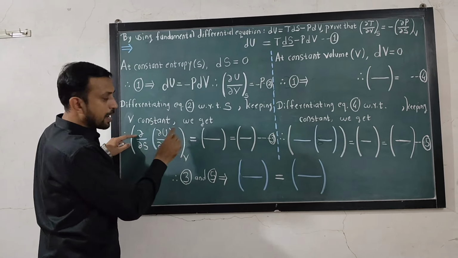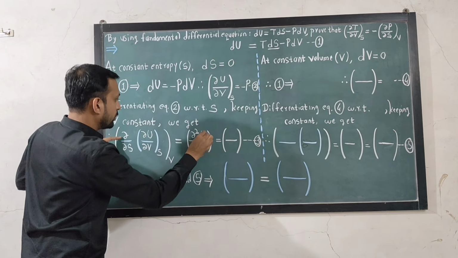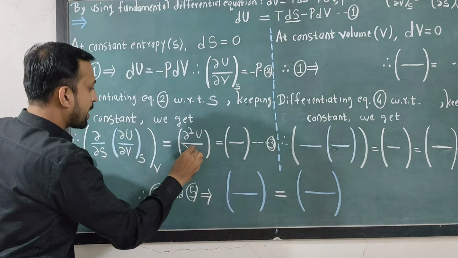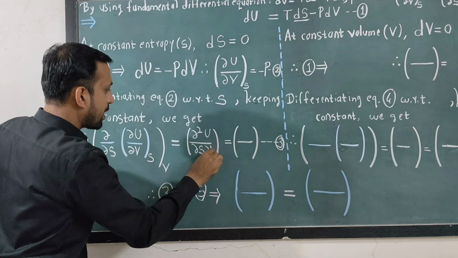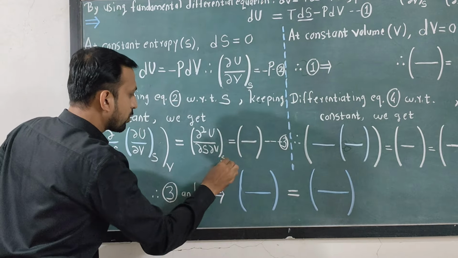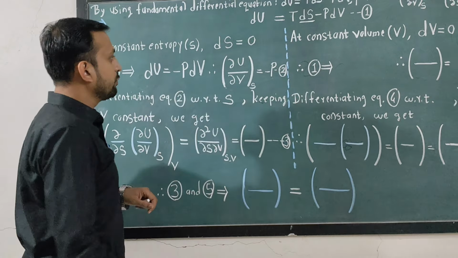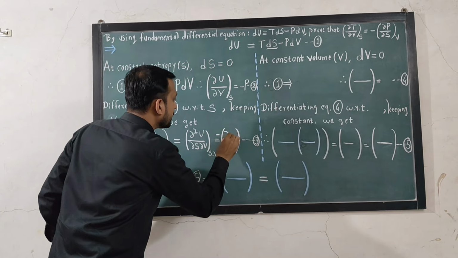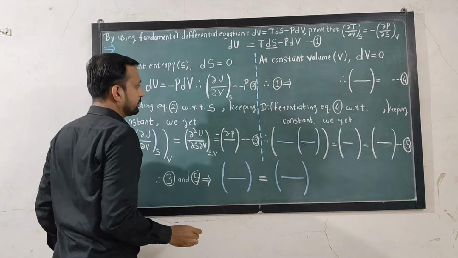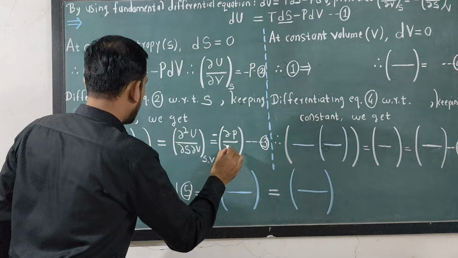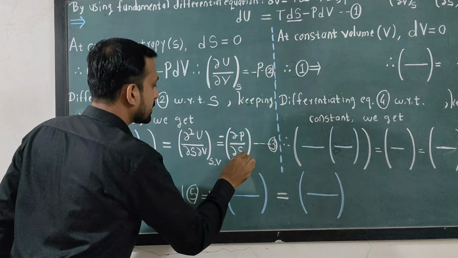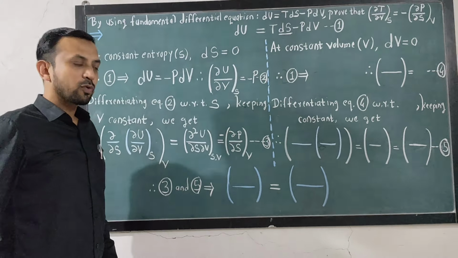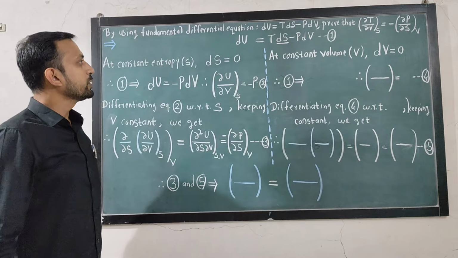Then we write partial squared U over partial S partial V, keeping entropy and volume constant, which is equal to, now with a negative sign, partial P by partial S, keeping volume constant. We caption this as equation number 3.